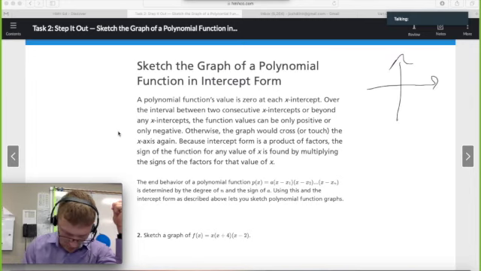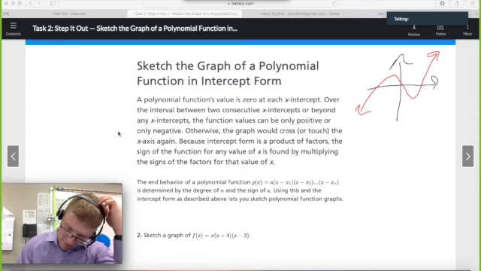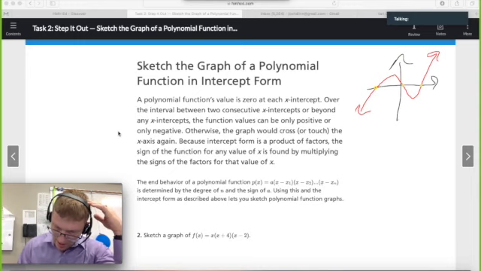So basically, what it's saying is if you have a graph something like this, you've got your x-intercepts, so what it's saying is that in between these x-intercepts, it can either be only negative or only positive. So in this case, that first interval is only positive in yellow.